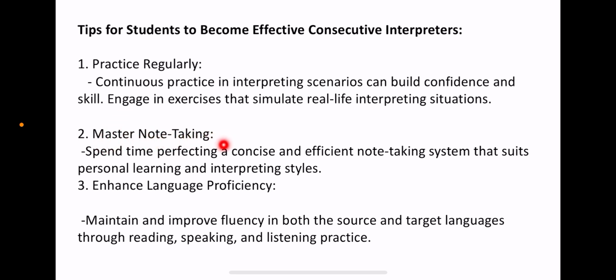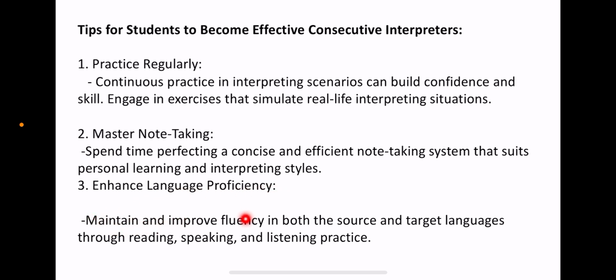Number 2, master note-taking. Spend time perfecting a concise and efficient note-taking system that suits your personal learning and interpreting style. Number 3, enhance language proficiency.